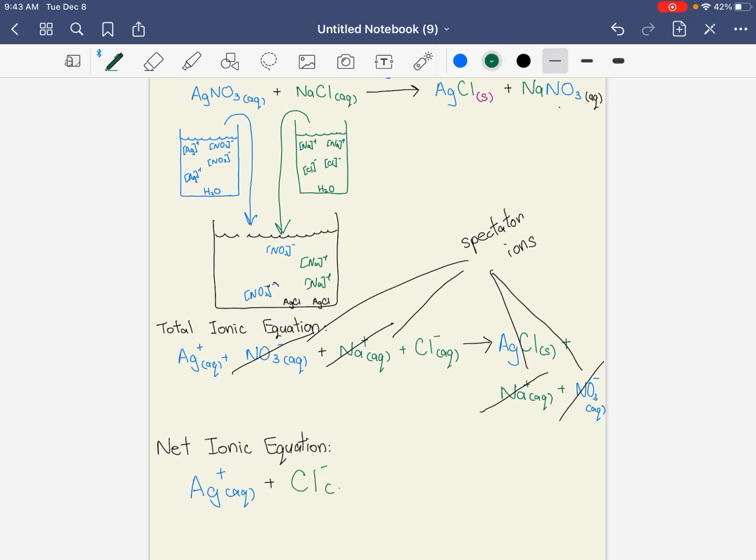Okay? There we go. AgCl. Don't forget the S. Okay, so here it is. That's the net ionic equation.